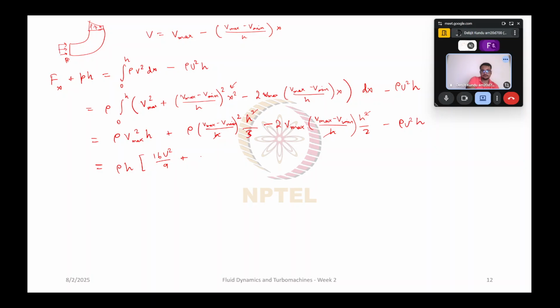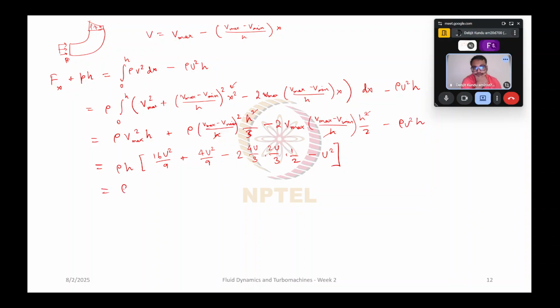And v min is 2u by 3. So that's 4u squared by 9 minus 2 times v max, which is 4u by 3, and this should give me v min, which is 2u by 3, and there's another half over here, and there's u squared over here.